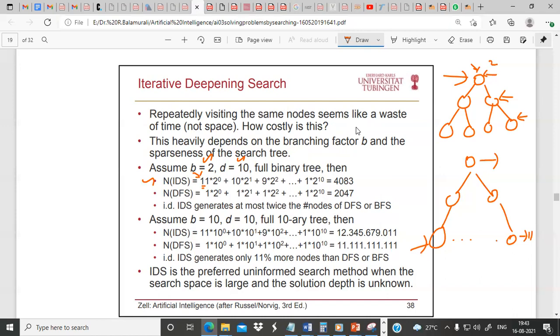So on and so forth. The nodes at level 1, this is not the root level, will be accessed 10 times. So it is 1 into 2 to the power 10.